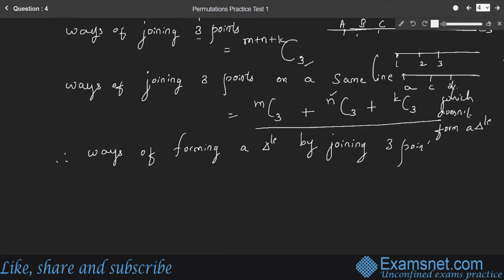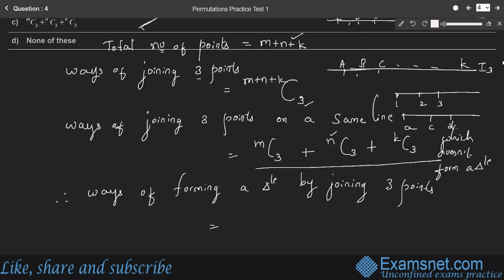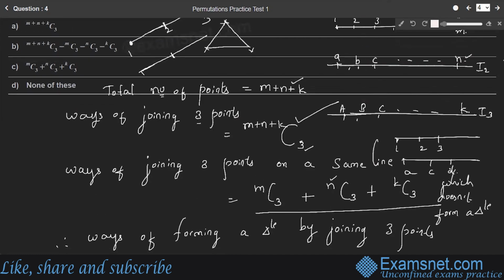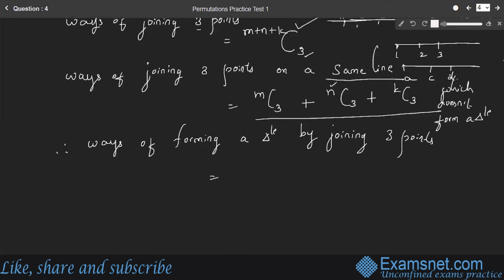By joining 3 points is equal to, in the first way, m plus n plus k C3. This first way shows all the possible ways of joining 3 points, including joining 3 points on a same line. Therefore, all the ways of joining 3 points, m plus n plus k C3, minus joining 3 points on a same line, which is mC3 plus nC3 plus kC3.